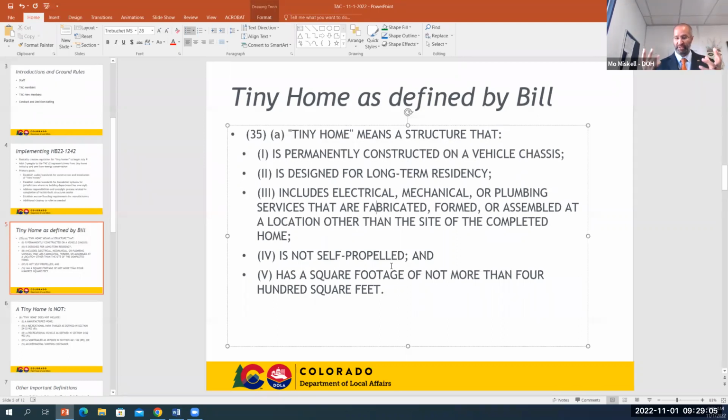So this is going to be the challenge, right? And probably potentially more mobile than a HUD code manufactured home. As we all know, a HUD code manufactured home may be built on a chassis, but is really designed to be transported from where it was manufactured to its installation site, with all intents and purposes to remain there. But they are situated in mobile home parks, and on occasion, those occupants need to move to another park or somewhere else.